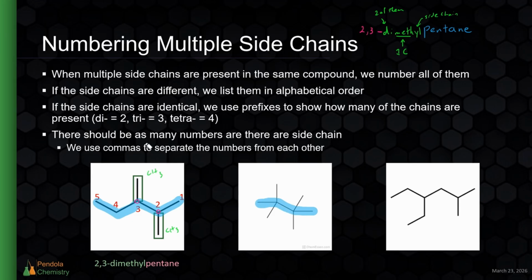And now here is one of those cases where it doesn't matter where we start. Because if we start from right to left numbering, we end up with side chains on carbon 2. If we go from left to right, we end up with 2 methyl side chains on carbon 2. So it's the same thing either way. This is a very symmetrical molecule.